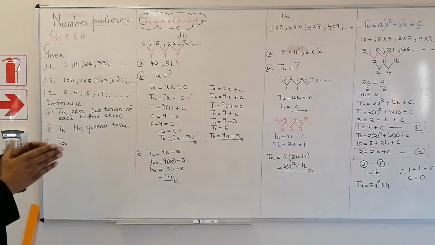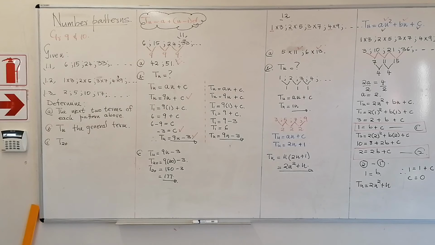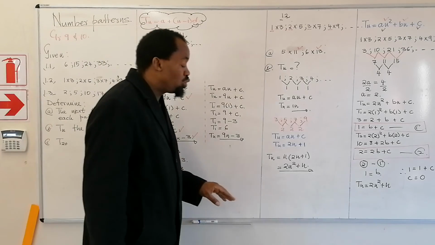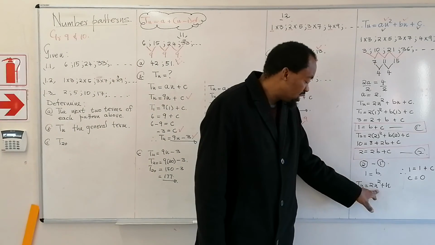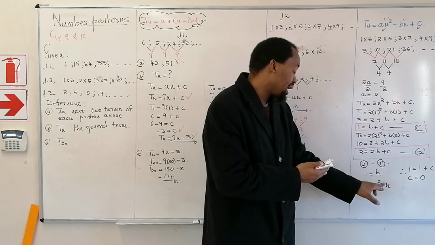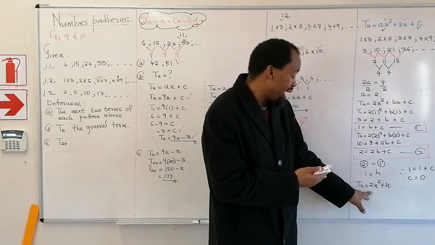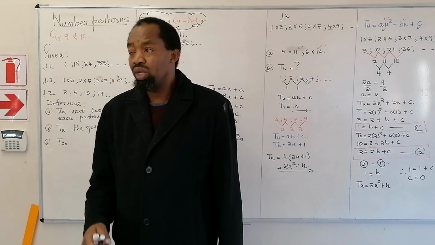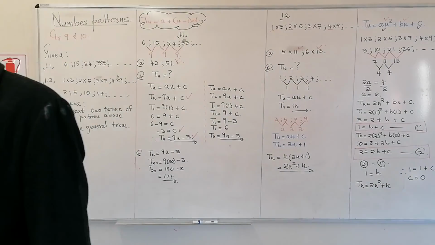You can use any of those two methods. Then, from there, you can determine your T20. You substitute 20 there, you get your 400. 400 times 2, you get your 800. 800 plus 20, you get 820.